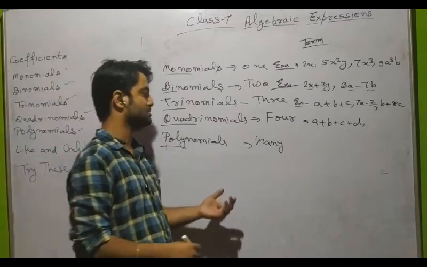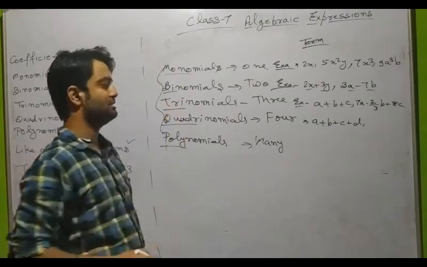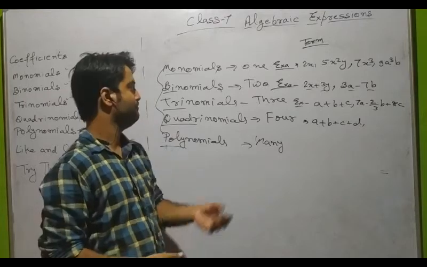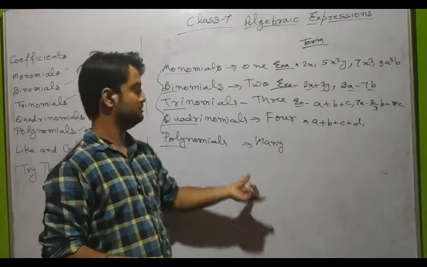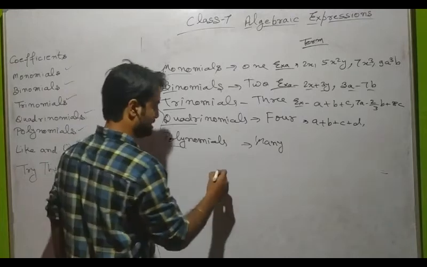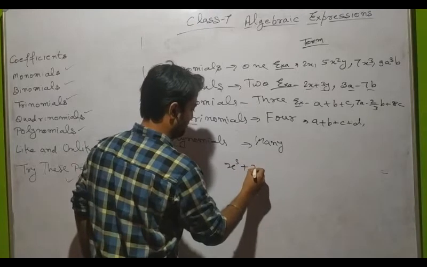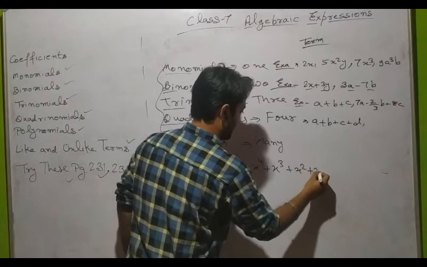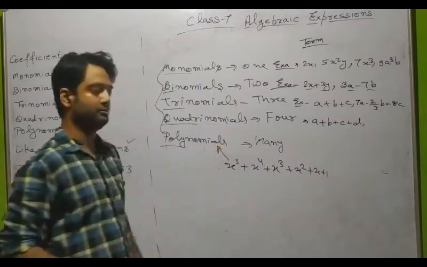Now what are polynomials? Polynomial means many, but generally monomial, binomial, trinomial, quadrinomial are also considered polynomials in a general way. So a binomial is also a polynomial, a trinomial is also a polynomial, a quadrinomial is also a polynomial. And then having many terms, like x raised to the power 5 plus x power 4 plus x cube plus x square plus x plus 1, this will also be considered a polynomial.